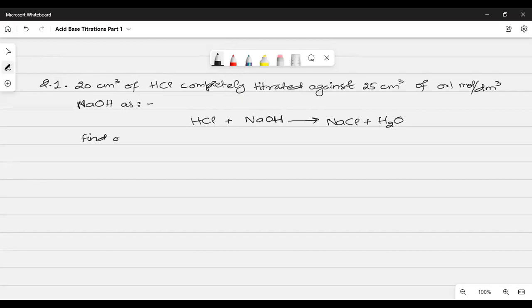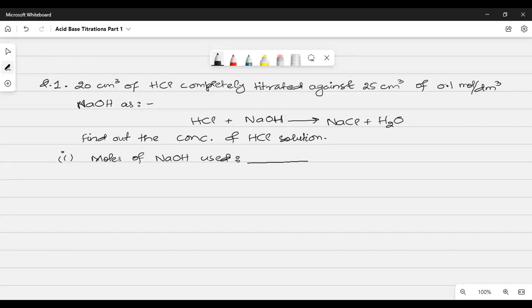So find out the concentration of HCl solution. That was the question. Okay. So the question would have three parts. Number one, moles of NaOH used.